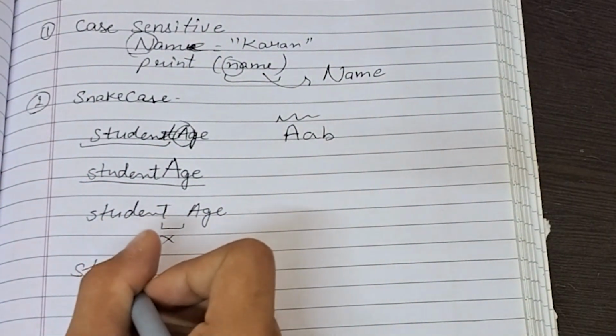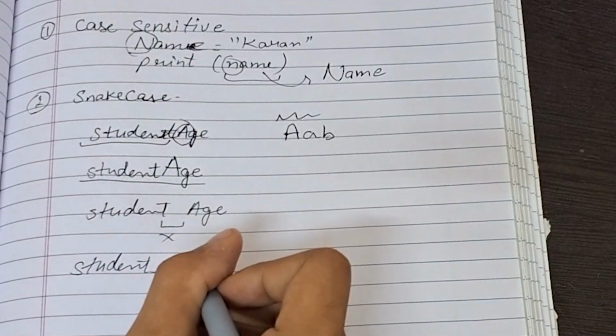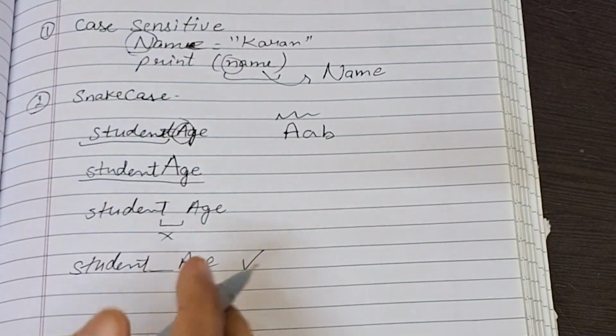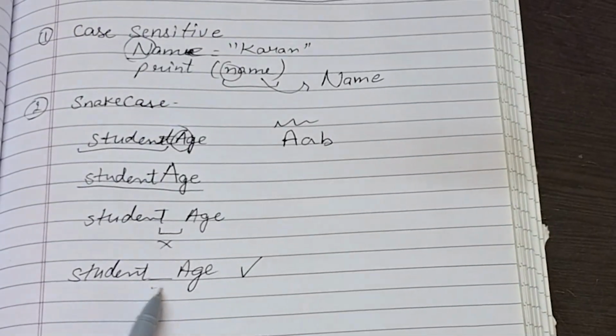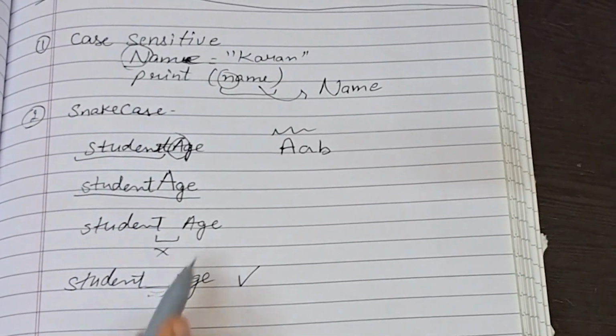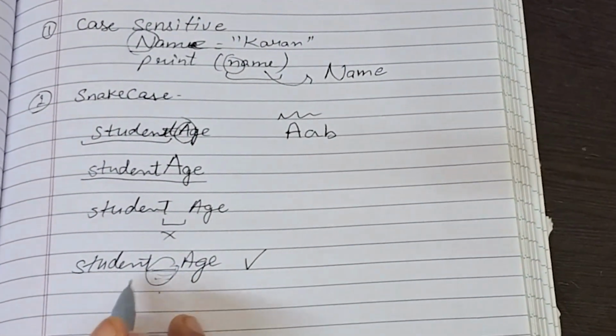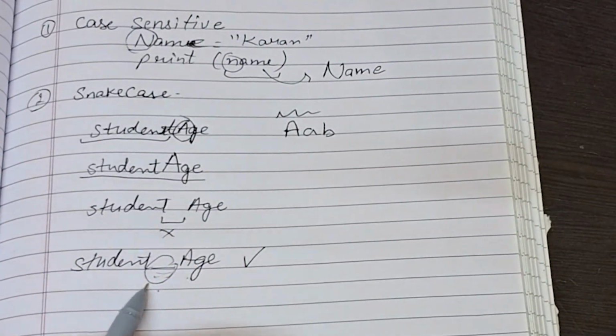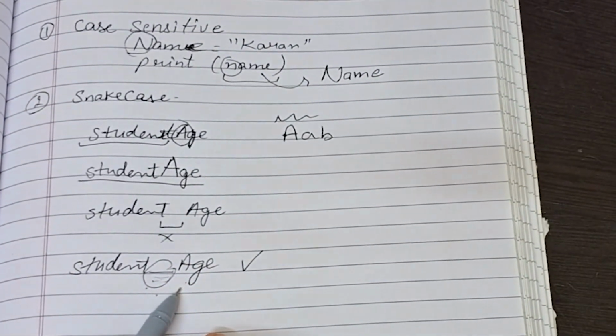You can write student, then underscore, then age. So this will be the right method. Why right? Because you have used an underscore here. If you are not using an underscore and leave a space here, that will be invalid. But you are using that underscore here, so it will be the valid one.